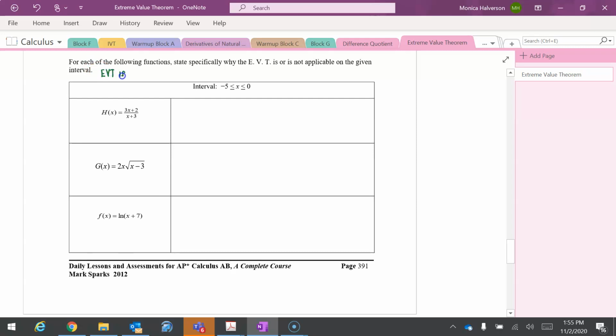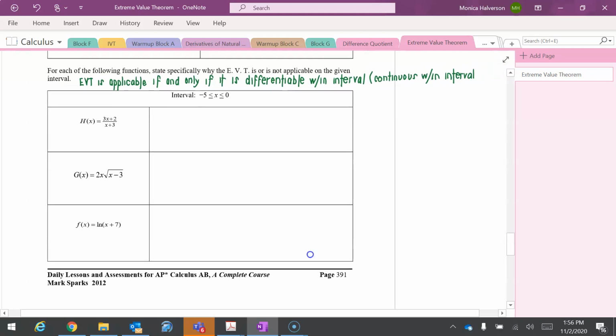EVT is applicable if and only if it is differentiable within the interval. And part of the definition of differentiability is that it is continuous within the interval.